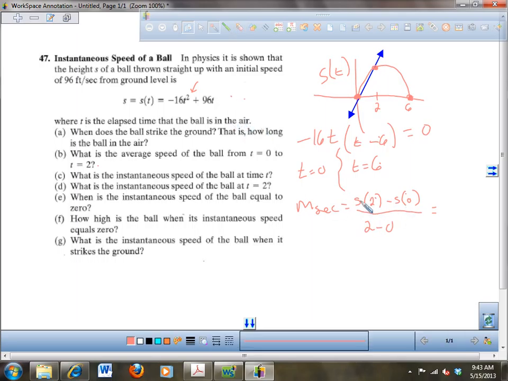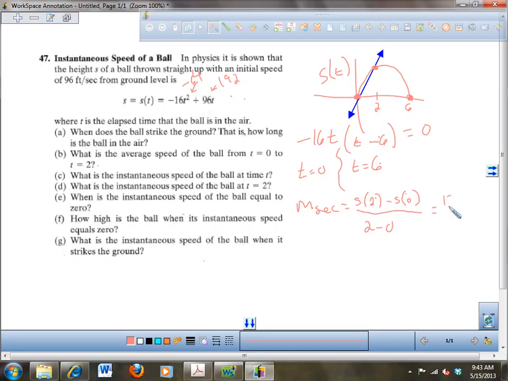And so s of 2, if I plug in 2 in here, I get 192, right? And if I plug in 2 in here, I get negative 64. Tell me if I'm wrong. And so you get 192 minus 64. That's 128.